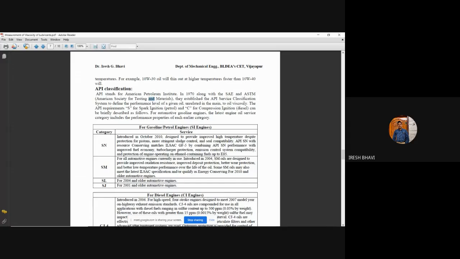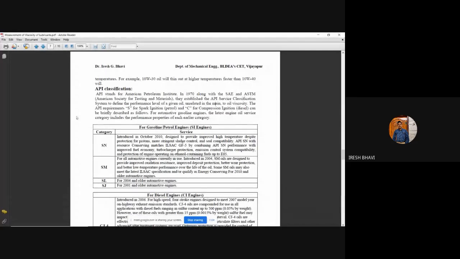It is not related to viscosity of the oil, but it is related to performance of the oil. For example, how the oil will be performing at 10 degrees Celsius, at 40 degrees Celsius, at 100 degrees Celsius. Those all they will be measuring. And based on that, they will be giving the grade or rating or name to the lubricating oil.